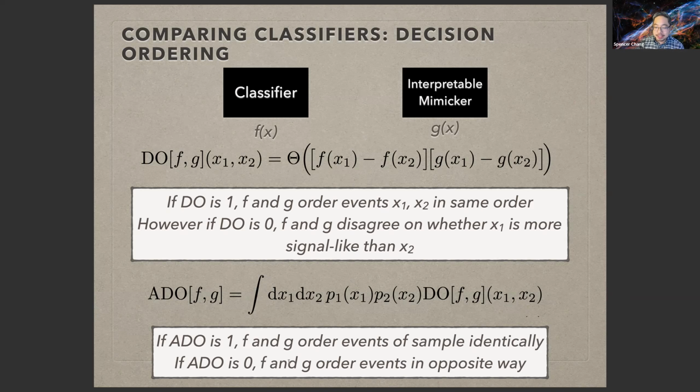So actually 0 isn't so bad. It tells you to just flip one of them and then you'll get a good agreement. It's really 0.5 that is the bad value, because even if you flip one of them, it doesn't agree. So the best value is 1 or 0, and 0.5 is bad. You should see how close it is to 1 or 0 to tell you how good this is. So this gives us a way to compare two classifiers, f and g, and whether they agree on the order.